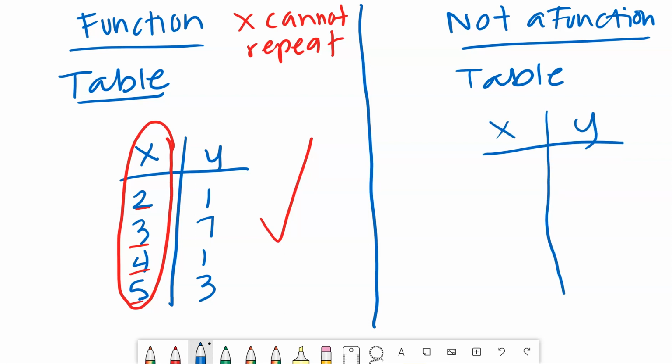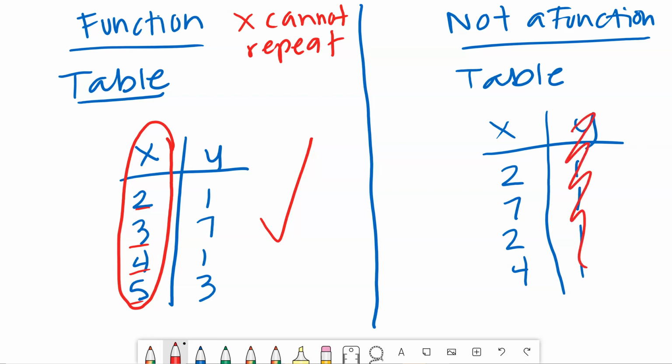So I have my table here. Let's put 2, 7, 2, 4 for the x's, and let's put 1, 1, 1, 1 for the y's. Does it matter if the y's are repeating? No, the y's do not matter.